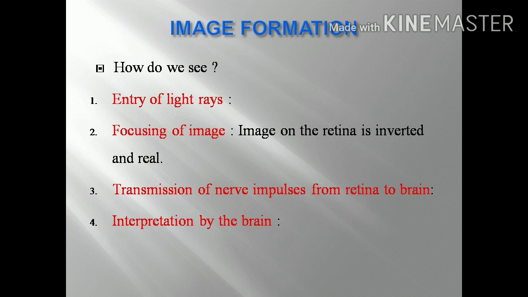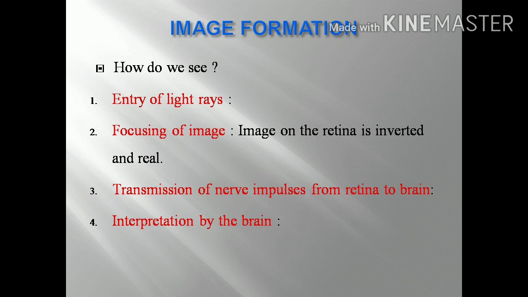Light rays from the object enter the eyes through the transparent structures, that is through the conjunctiva, next cornea, next aqueous humor, next lens, next vitreous humor, and then they reach the retina region. This is the entry of light rays.